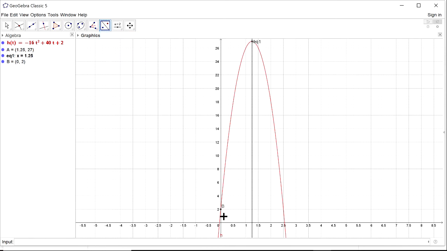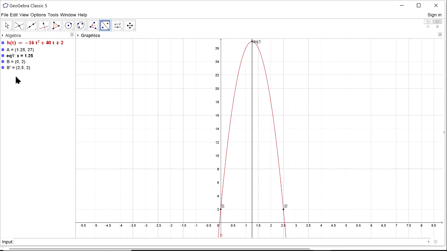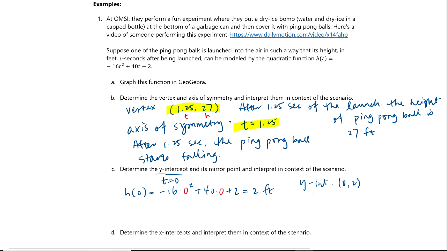If you click on it, we can click on the point B, which is the y-intercept, and click on the axis of symmetry, and it'll give us a point B prime. That's going to be the mirror point, which is 2.5, comma 2. And as we put it here, we can say the mirror point is 2.5 comma 2 over here.